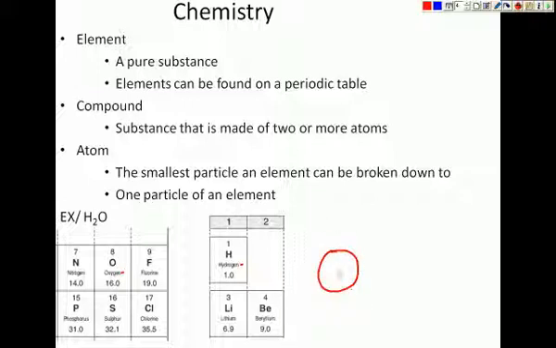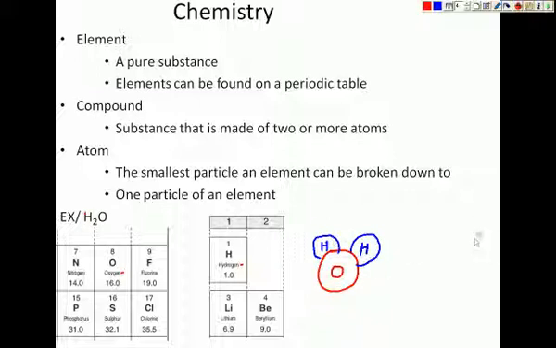You have a particle like this that is oxygen, and you have another particle that is hydrogen, and another one that is also hydrogen. Okay, there are two hydrogens, that's why we give this subscript 2, and one oxygen. If there's only one, we don't bother writing a subscript right there. So here's H2O.